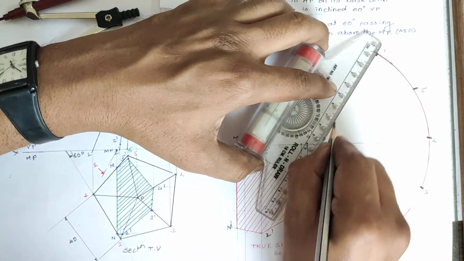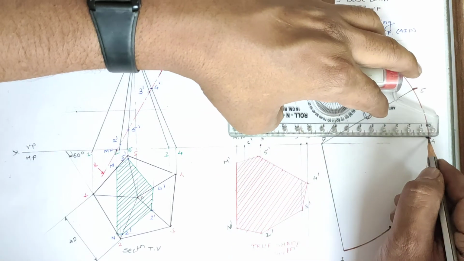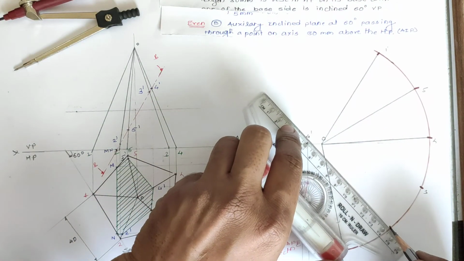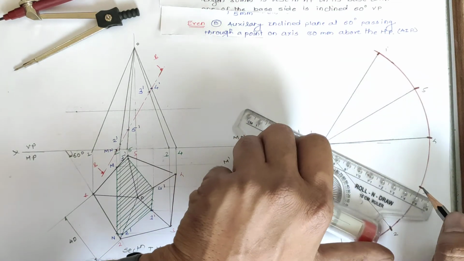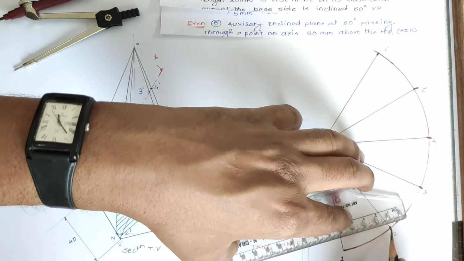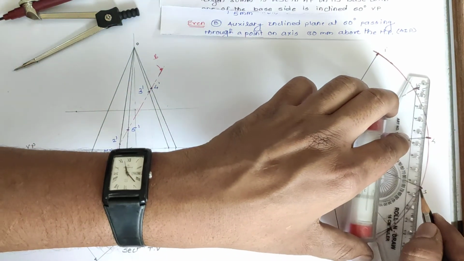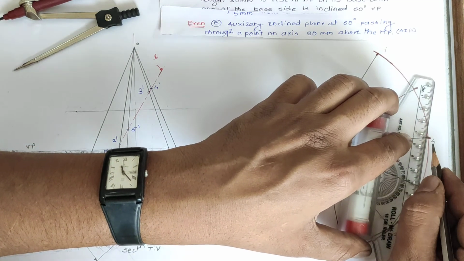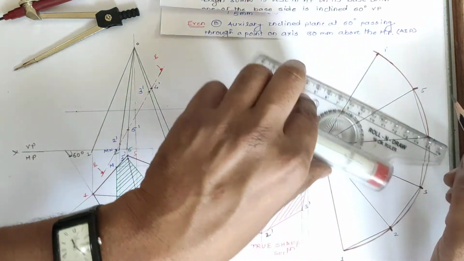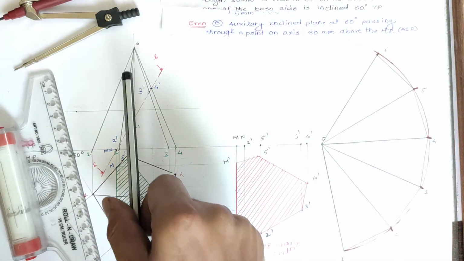Connect all these points with the slant edges in straight lines. Also connect the base edges. Mark all the points.